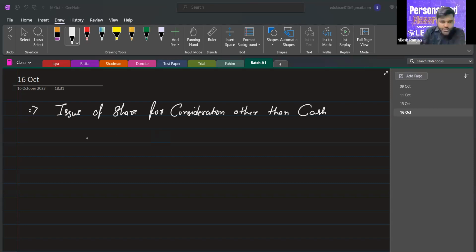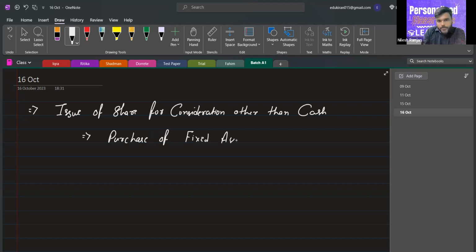There may be different types of situations, like we have purchased fixed assets. There may be different reasons that we are not able to pay money in cash, so we issue our share to the seller of the fixed assets.